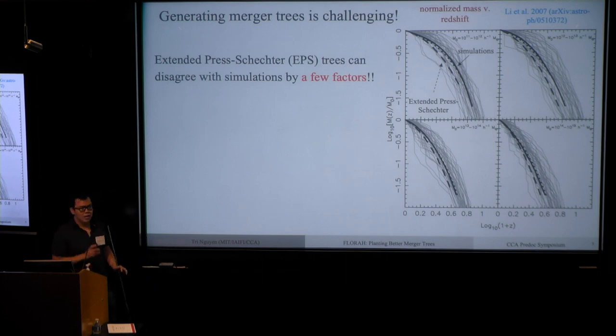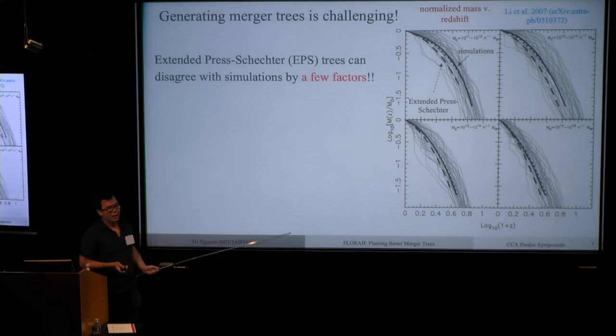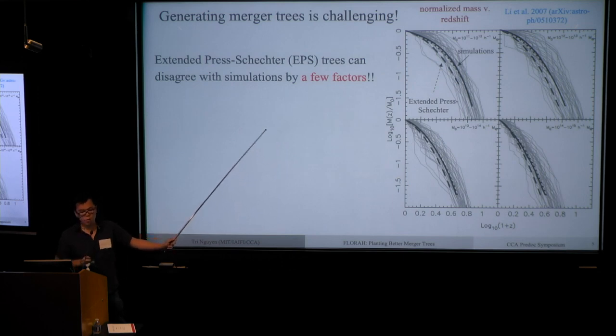I want to really stress that generating merger trees is very, very challenging. EPS, or extended Press-Schechter trees, can disagree with simulation by a few factors. If you look at the graph I show here, you can see the extended Press-Schechter trees, which are the dashed lines, and the simulation.